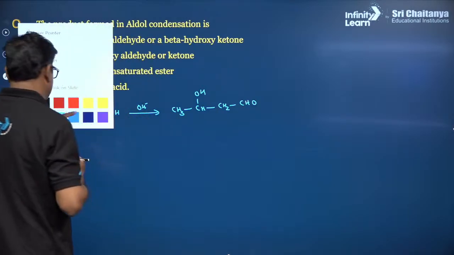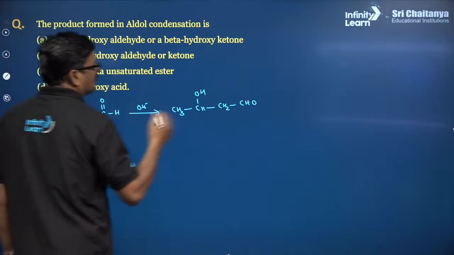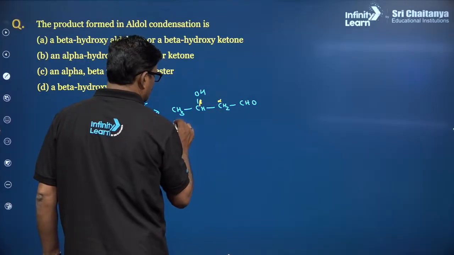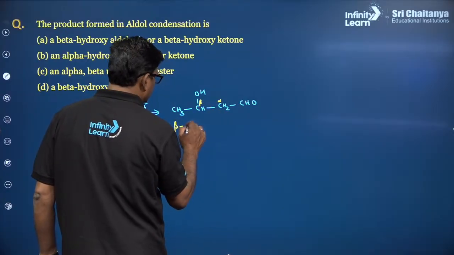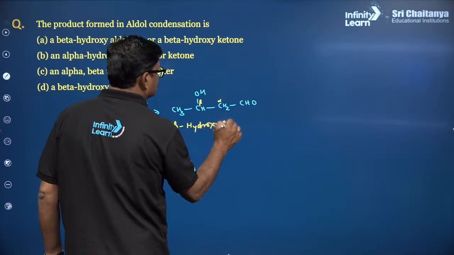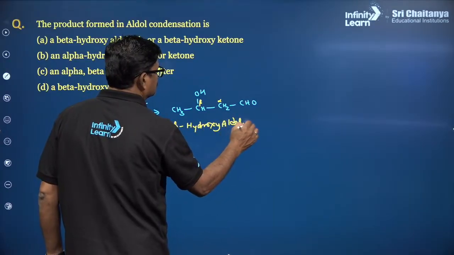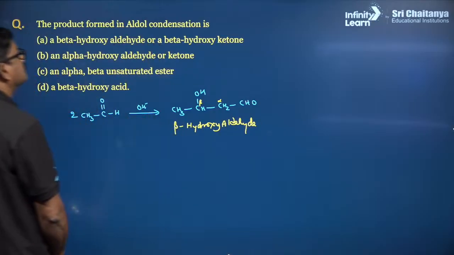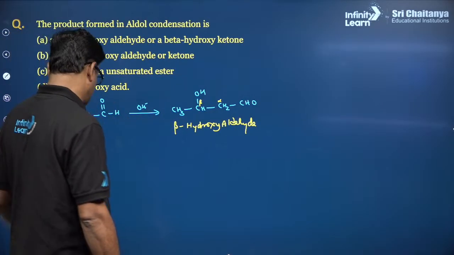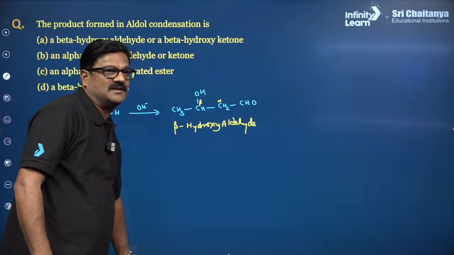So I would say there is an alpha carbon and a beta carbon. So beta hydroxyaldehyde. Beta hydroxyaldehyde or beta hydroxyketone is the product.